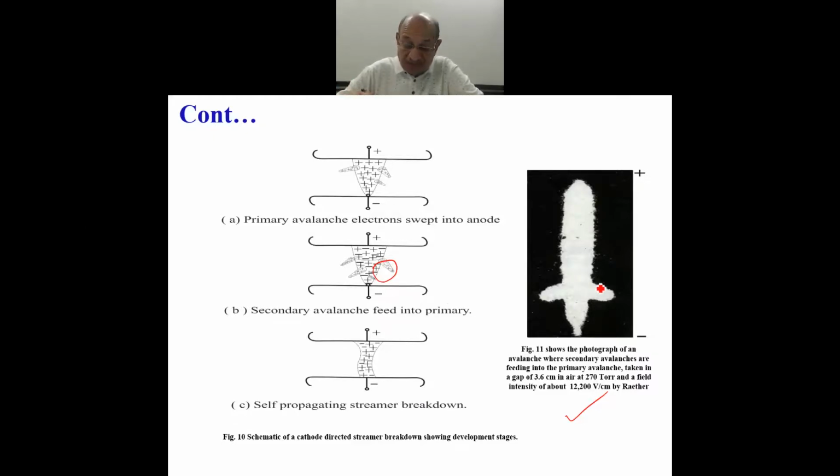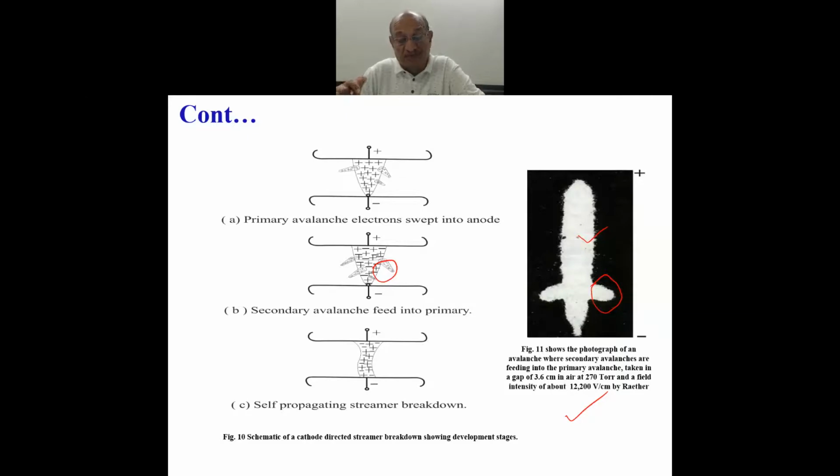So these are your secondary avalanches, and this is your primary avalanche. The secondary avalanches are feeding into the primary avalanche, and the single avalanche acquires more and more charged particles and leads to the breakdown. And this is how the streamer mechanism is described.